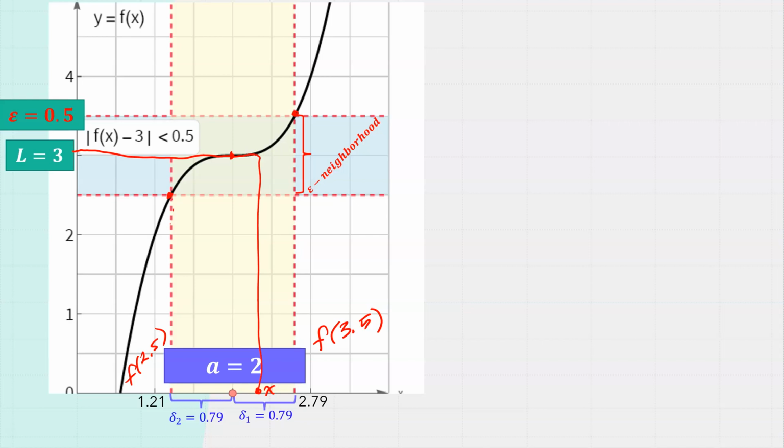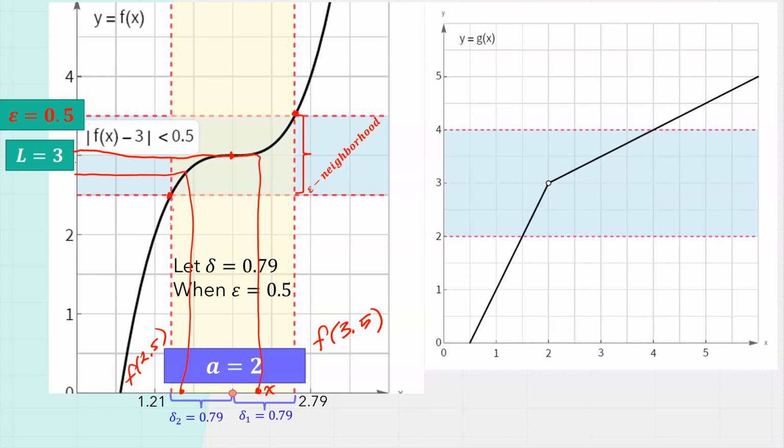The definition said if we can find a delta that will make all x, no matter where x is, even if it's here, stay within that delta neighborhood, then the limit is L. So here we choose delta to be just whatever that distance is because it's symmetrical around 2.